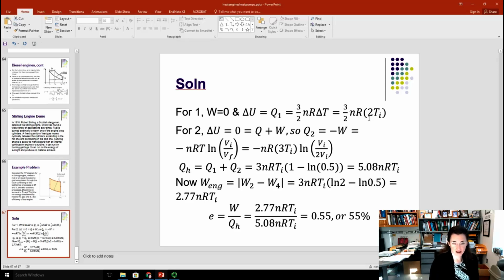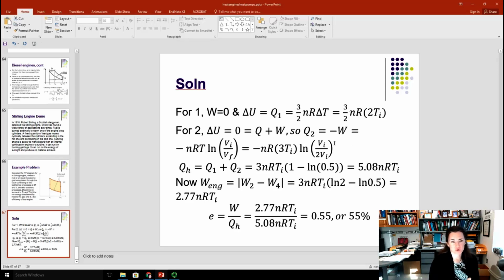Now, heat would also enter in step 2, which is the isothermal process that takes place at temperature 3 Ti. So for an isothermal process, the change in the internal energy of the system is equal to 0, which means that the heat is equal to negative of the work. Now, in an earlier discussion, we found the formula for the work for an isothermal process. The work for an isothermal process is nRT times the natural log of the initial to the final volume.